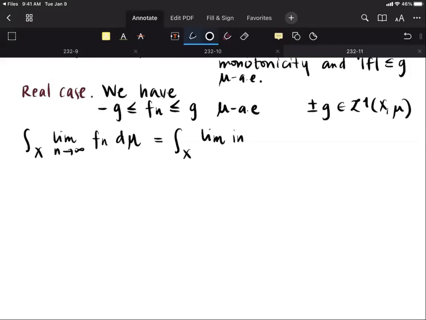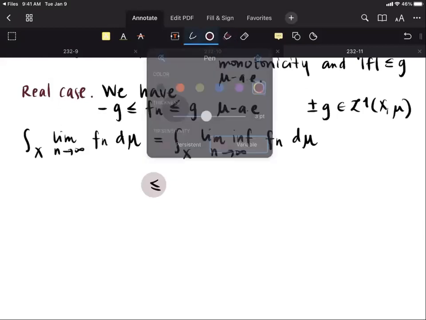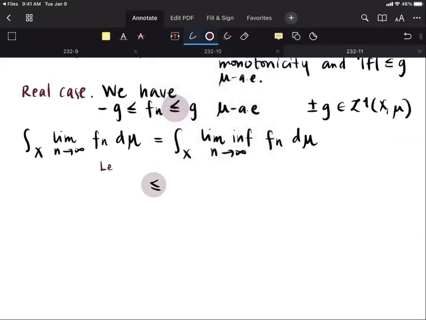Okay, so this is the same since the limit exists pointwise. The limit is the same as the limit inferior. Now, since f sub n is dominated by some integrable function g, we can apply here the Lebesgue-Fatou lemma, namely the first case, or I should say the first inequality.